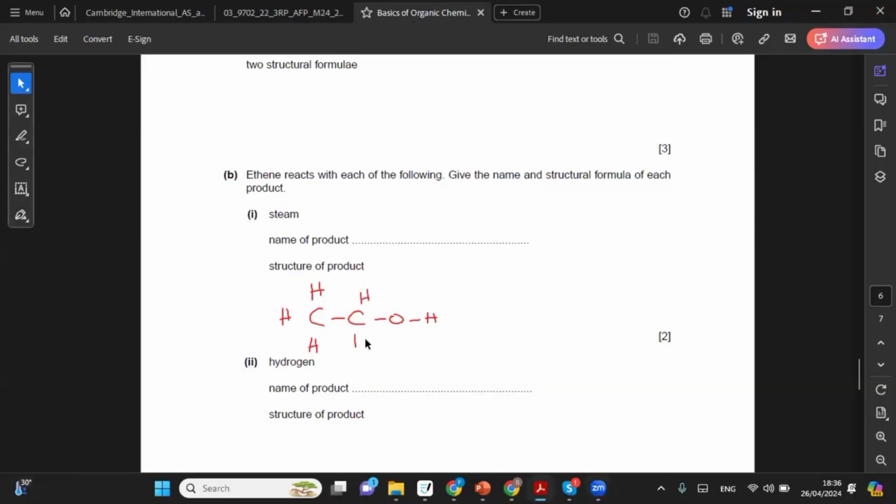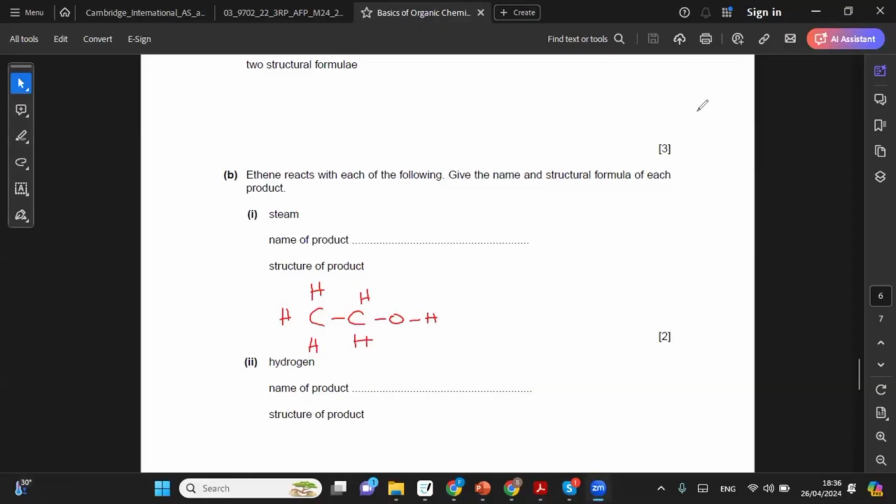Phosphoric acid. Yes, correct. You require phosphoric acid, and along with that, we need high temperature and pressure as well. So that is the catalyst. That's the main thing that you guys need to know.